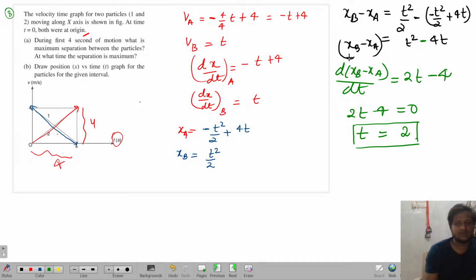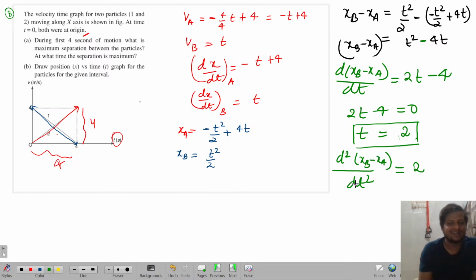Now calculate d2 of (xb minus xa) divided by dt square. Again differentiate this term. It will be equal to 2. I have got a positive value, that means this is minimum. So you just change to xa minus xb. You calculate xa minus xb and you will get a negative value, so d2 of (xa minus xb) by dt square is negative.